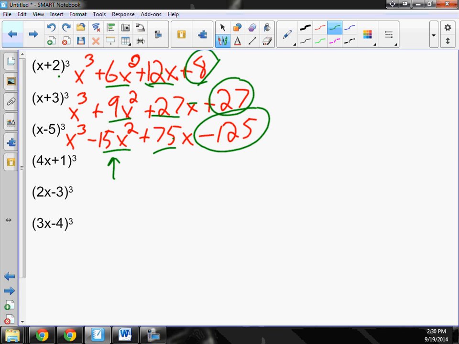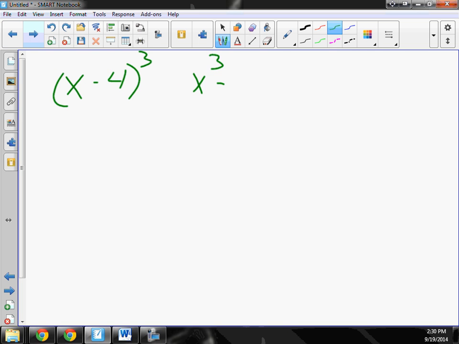The second term is triple the last term. So minus 12x squared plus, it's going to be triple the square. So negative 4 squared is 16 times 3 is 48.